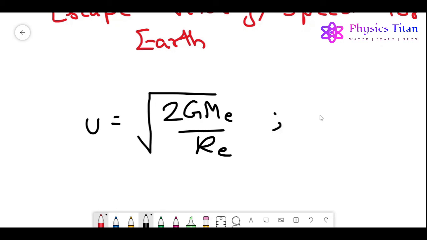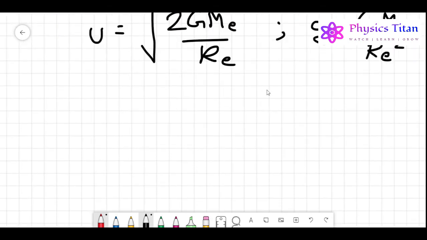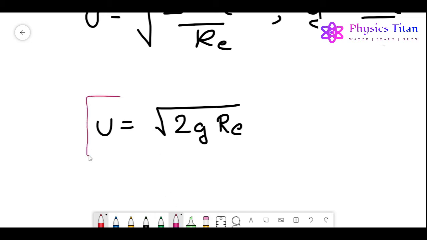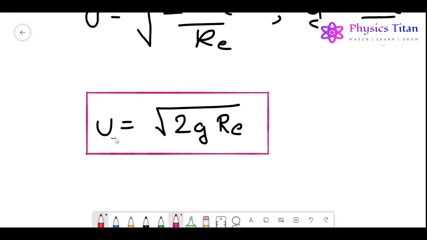Now we all know that the acceleration due to gravity at the surface of Earth is given by small g equals g m e upon r e square. Therefore, the escape velocity will become u equals under root 2g r e. This is the value of escape speed or escape velocity for Earth.